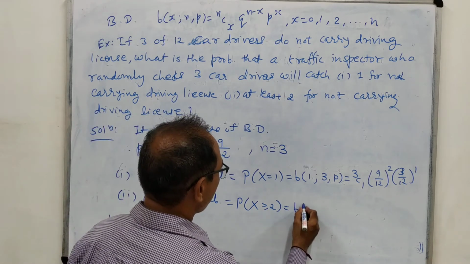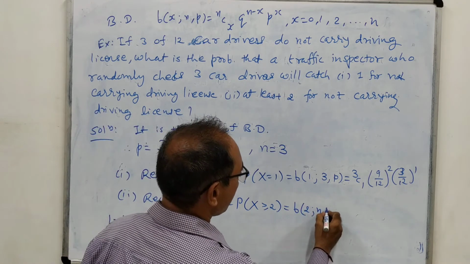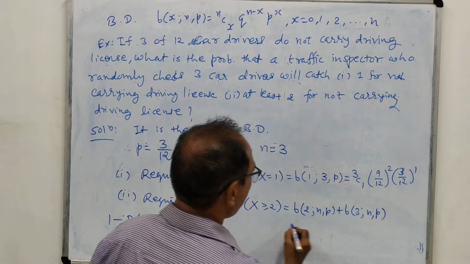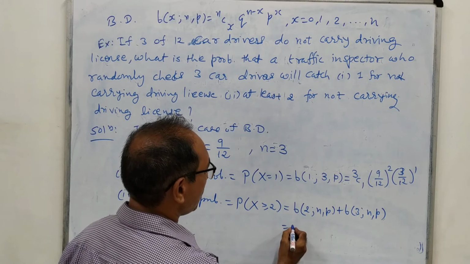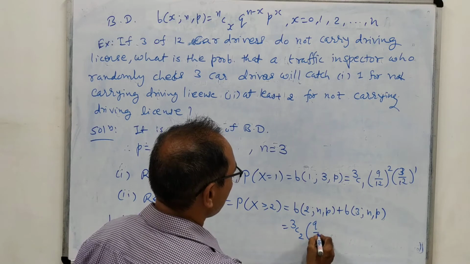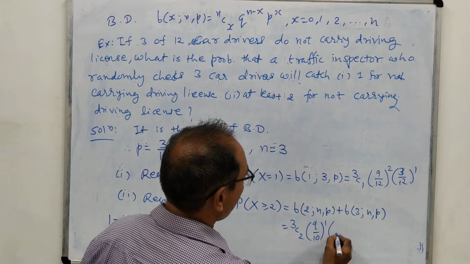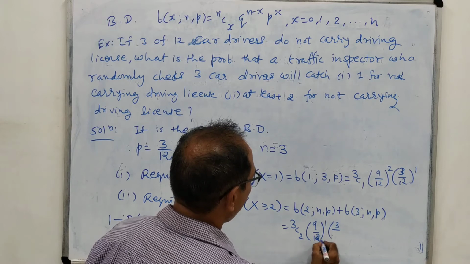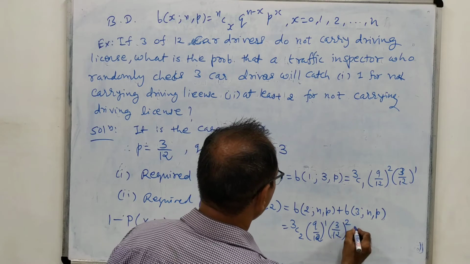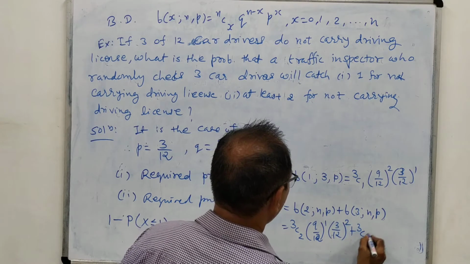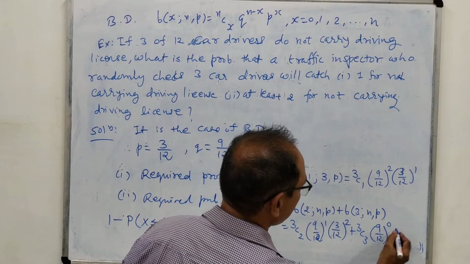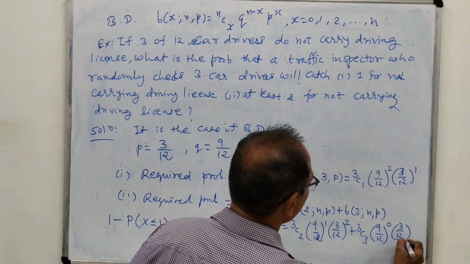So this is nothing but b(2; n, p) plus b(3; n, p), and b(2; n, p) means nC2, n is 3, so 3C2 q raised to x means 3 minus 2, 1, 9 by 12, 3 by 12 whole raised to 2, plus 3C3, 9 by 12 whole raised to 0, 3 minus 3 is 0, and 3 by 12 whole raised to 3.